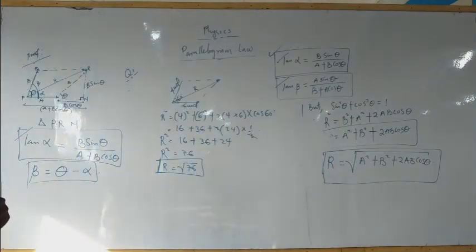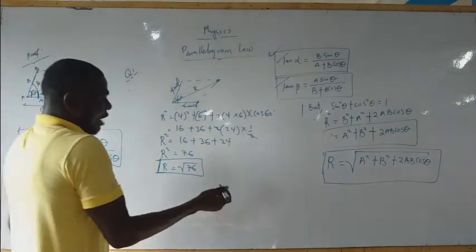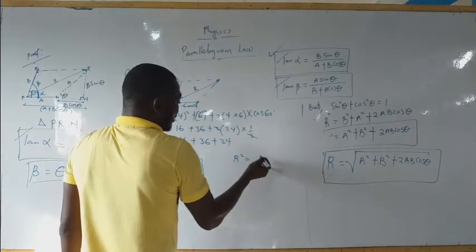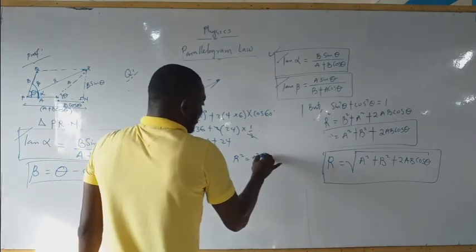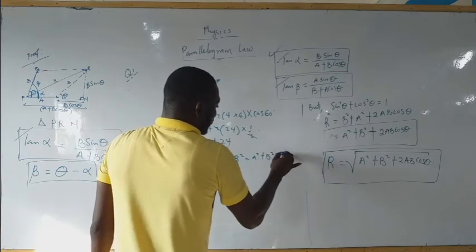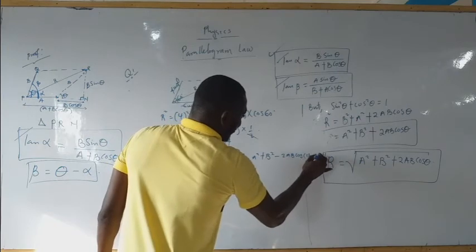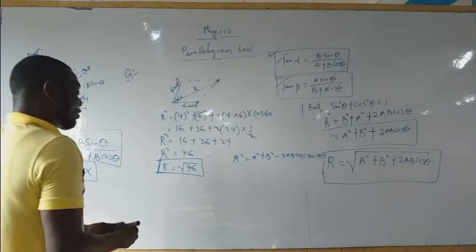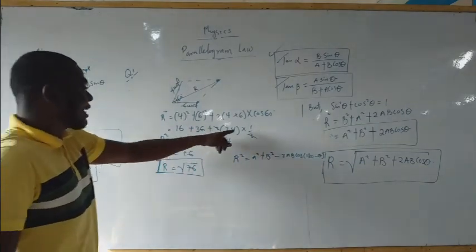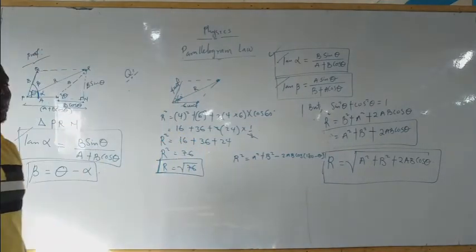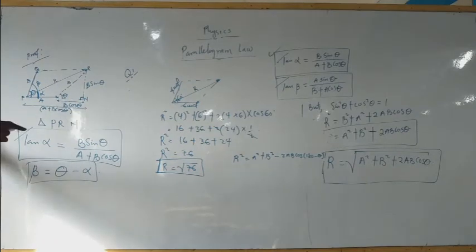You can also use the second formula: R squared equals A squared plus B squared minus 2AB cos of 180 minus theta. Theta is 60, so 180 minus 60 is 120 degrees.